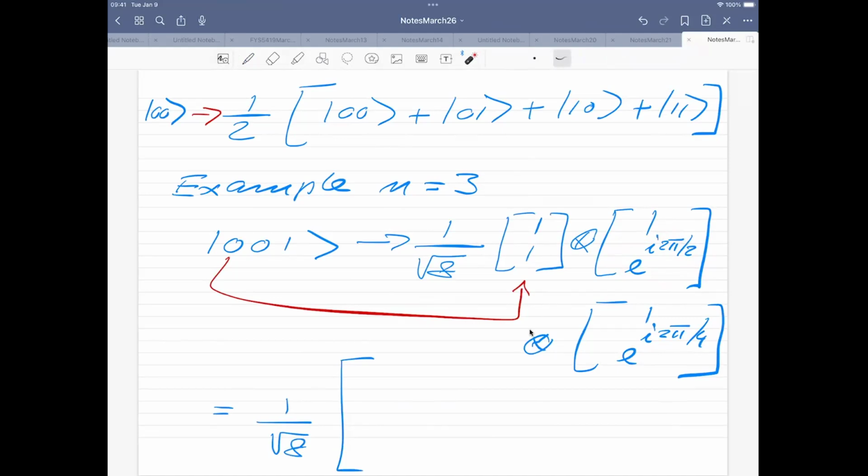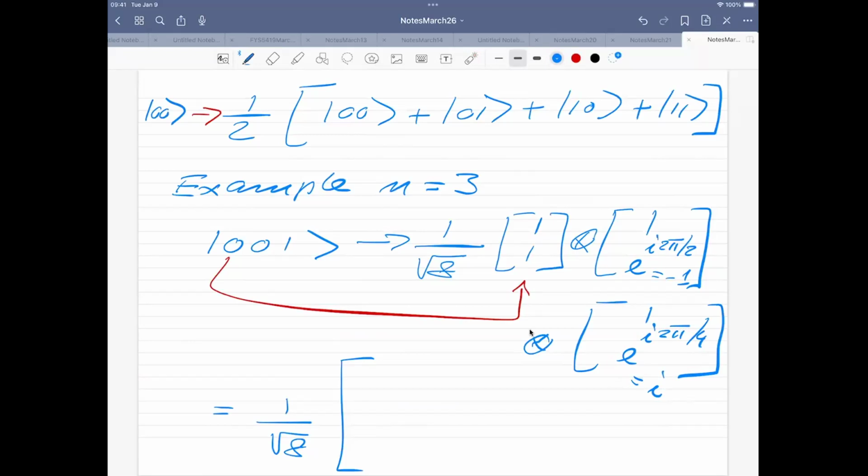So this will give us -1 here. And this one is just going to give us e to the I of 2 pi divided by 4. And that is going to give us a factor of I. So this one is going to give us I. And this one is going to give us -1 because it's e to the I times pi, which is -1.